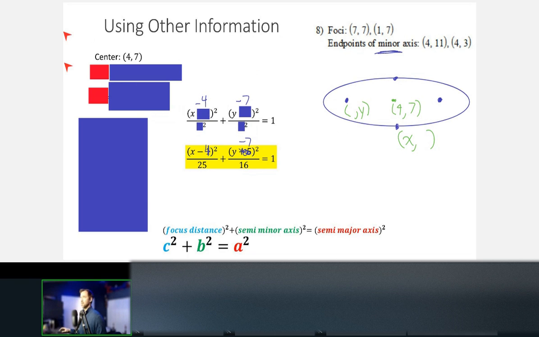It doesn't matter. I think what I did, I used my two given vertices. So I did a little different than the last few problems. I used the two coordinates and I found the distance between 11 and 3, and then I cut it in half. So 11 minus 3 gives me 8 divided by 2.